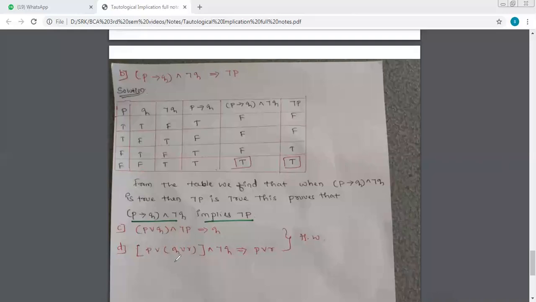First do the disjunction with R, then disjunction with P. After this, conjunction with negation Q. After this we do P disjunction R. Then in the table wherever both are true true, at that time we can say that both are implied. So this is the whole of tautological implication or logical implications. Any doubt about this concept? This concept is over.